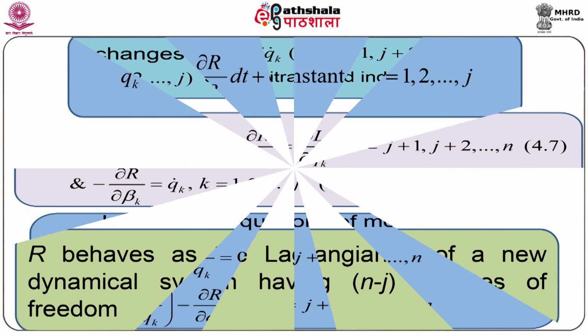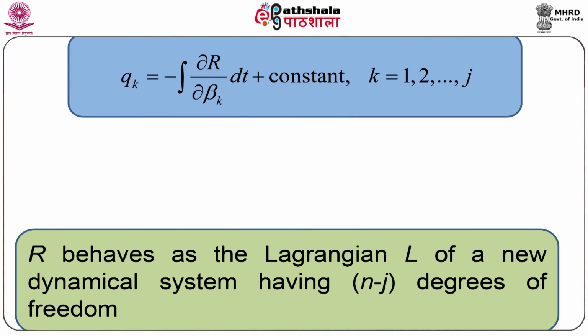From 4.8, we have qk equal to minus integration del R del beta k into dt plus integrating constant. This relation holds for k equal to 1, 2 up to j.